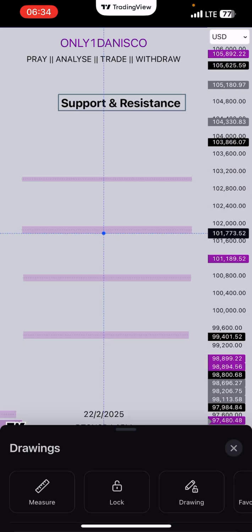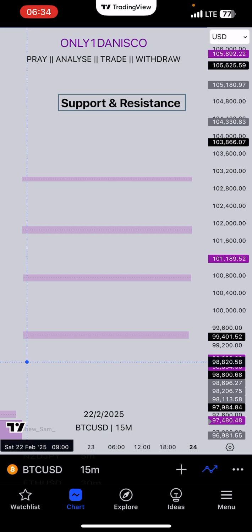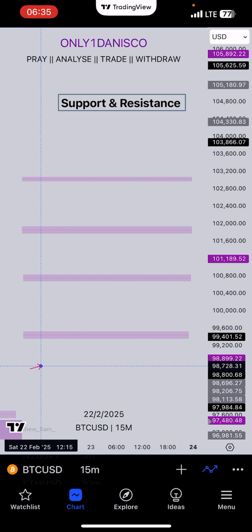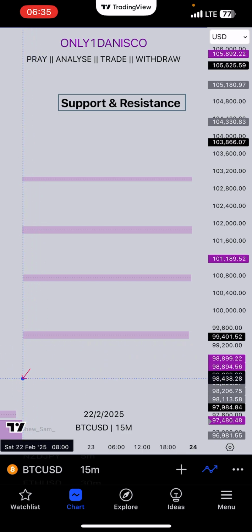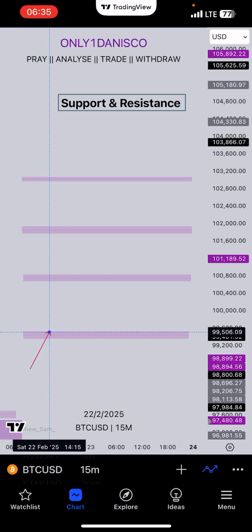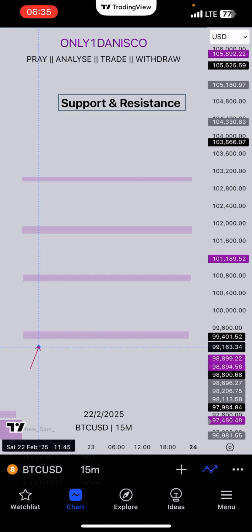So let's look at price moving. Let's assume this is the price, coming from downward, the market candles moving and approaching this zone. Since the price is coming from below the zone, the zone is acting as a resistance to the price.